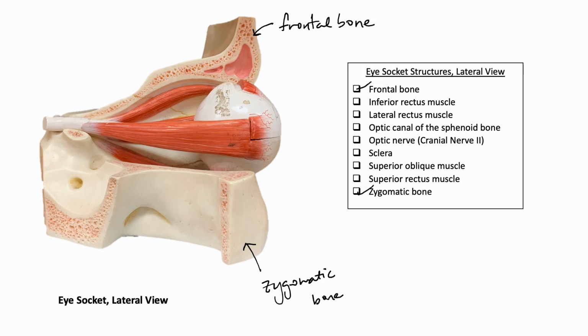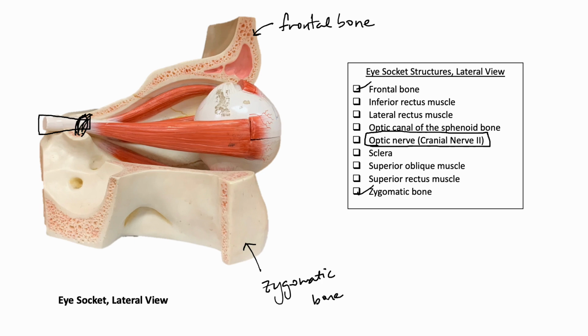Now I want to show you something that we haven't identified yet on a model, and that is the optic nerve, okay, which is going to travel to the brain through cranial nerve 2, okay. This right here is our optic nerve, or cranial nerve 2. Now, the optic canal of the sphenoid bone, that is just basically this opening that is present there, right, that allows that optic nerve to travel through those bone structures.